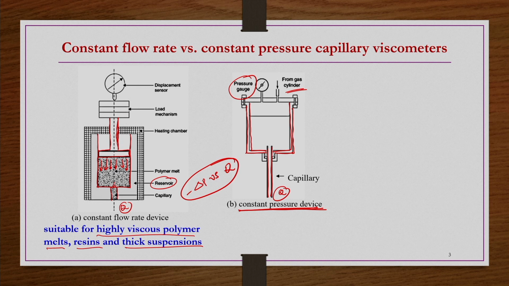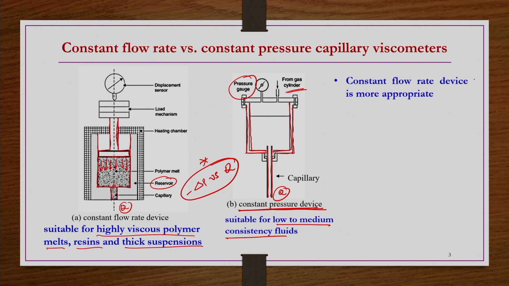But anyway this is the ultimate data that you are going to get, which you will be using to get the shear stress and shear rate, as we have already discussed. Constant pressure devices are usually suitable for low to medium consistency fluids. However, it has been found that constant flow rate devices are more appropriate for different operational reasons.